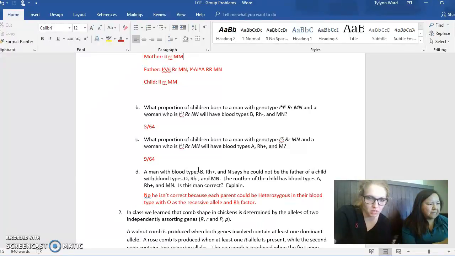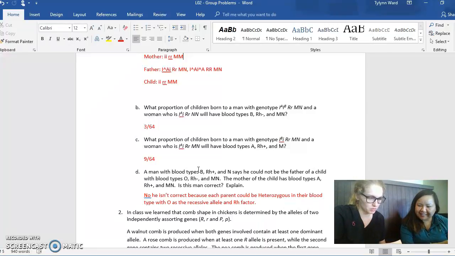And then the possibility of them being M group would be 1. No, it would be 1/2. If this is correct, it'd be 1/2, right? Because this is what it would look like.